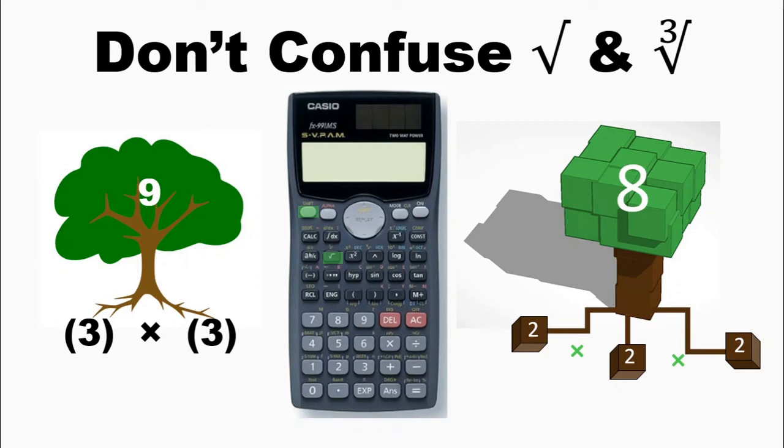So use your calculator, and if you've got the same calculator as I've got, push Shift, the square root button, and 8, and work out your answer. It should be 2. If you don't have the right answer, you're not correctly using your calculator. Send me a message down below, and maybe you can send me a picture of your calculator and I can tell you where the buttons are.